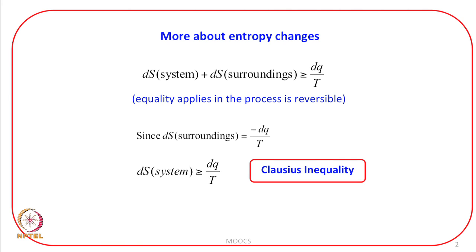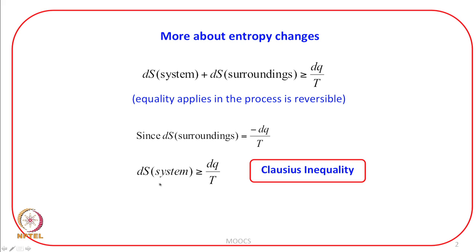That is, the entropy change in the system in general will be equal to or greater than dq by T. And here again equality applies to reversibility and greater than sign applies to irreversible or spontaneous process.